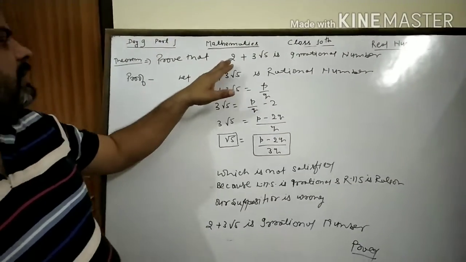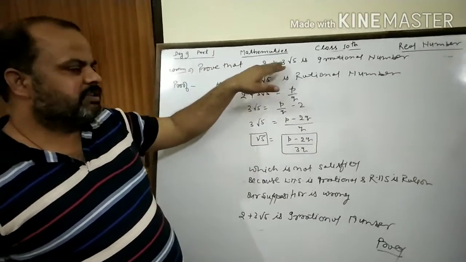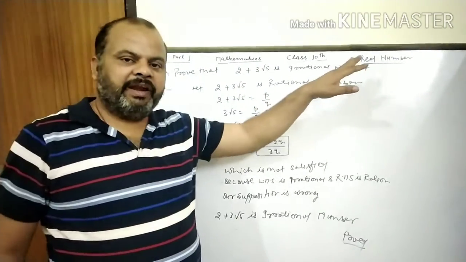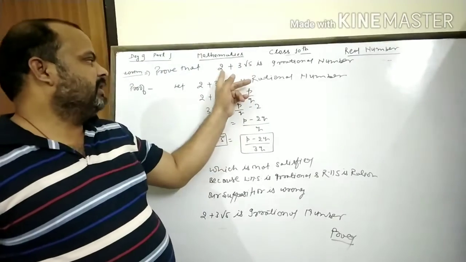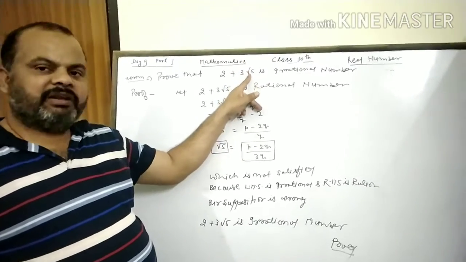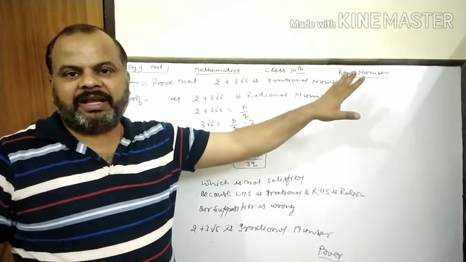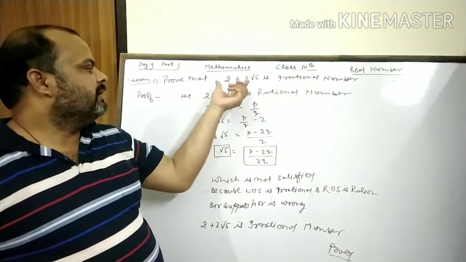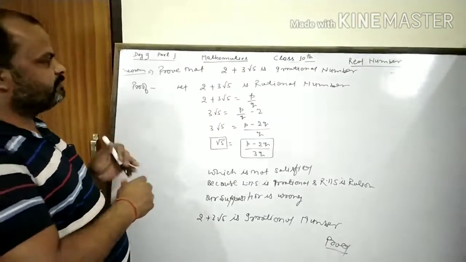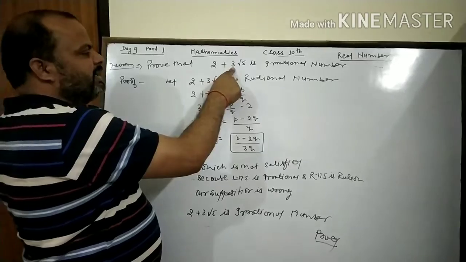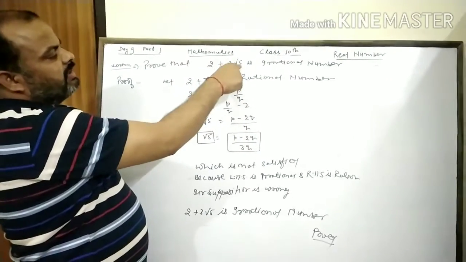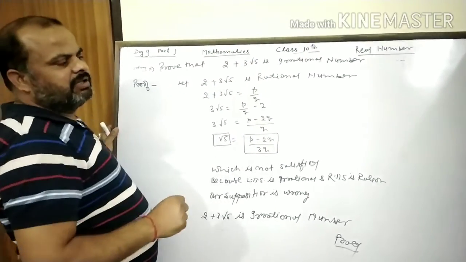Okay. One more method: you can write the operation. You can write, we know that addition, subtraction, multiplication and division of one rational number and one irrational number is always an irrational number. That's why here 2 and 3 are rational numbers and root 5 is an irrational number.